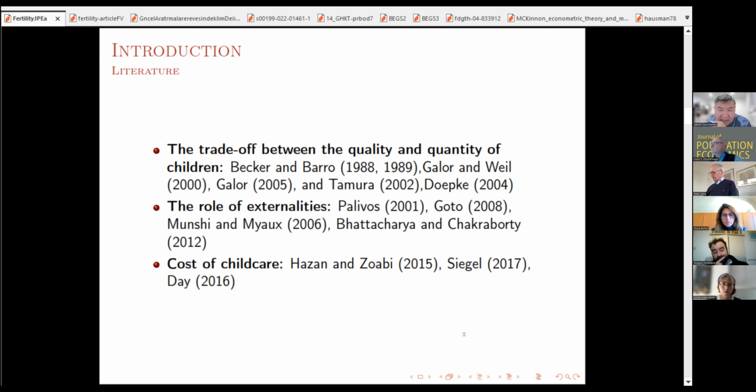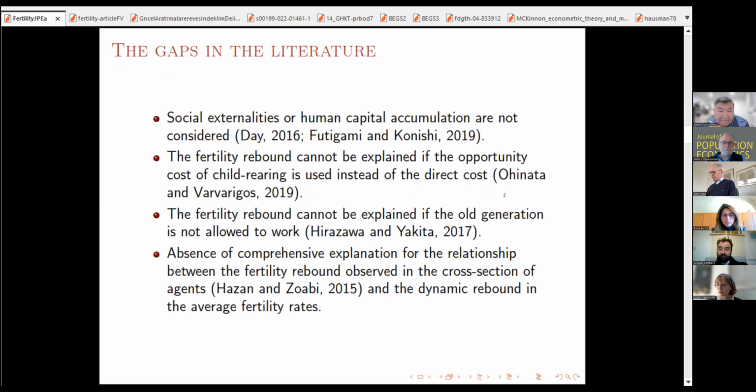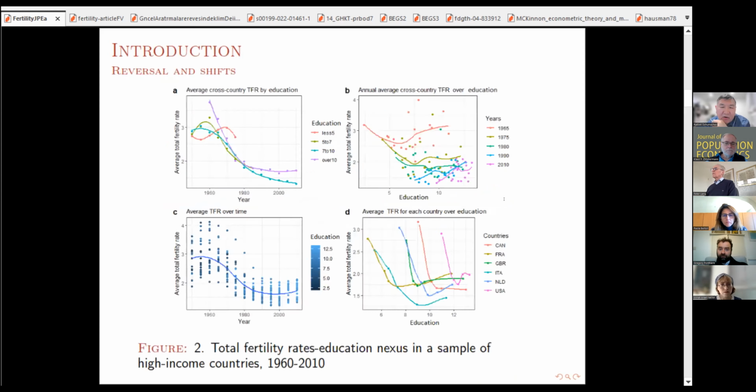And the other point is that especially in these developed economies, women are participating in the labor market more and more. And that means that part of this childcare is done by fathers rather than mothers. And that also might change the fertility behavior of people. And so we try to incorporate all these ideas and develop our own model.